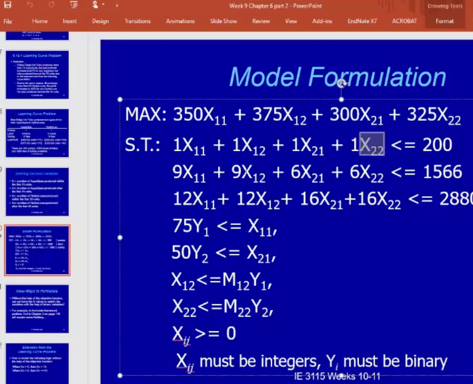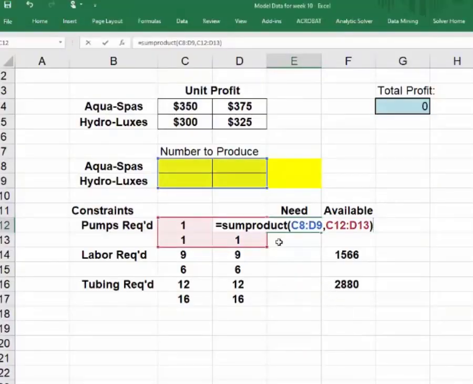So that will be the same for the next two constraints here. And later, I want to copy this formula down to calculate the labor and the tubing needed. But I don't want my decision variables array to move, so I'm going to fix them. I'll just fix the row number, so the row number here, I'll put the $ sign.